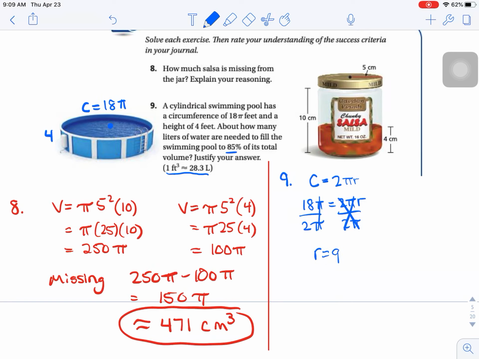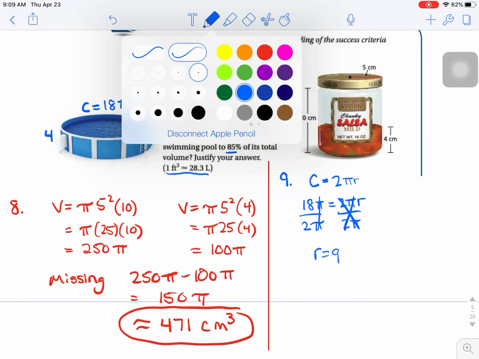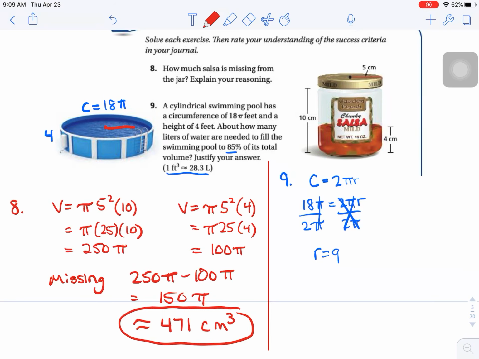Okay, so now I know my radius of my swimming pool. Blue is not a good color to use on top. Let's switch that. Now I know the radius of my swimming pool is 9. So now that we know that, we can find the volume, which is pi r squared times the height.